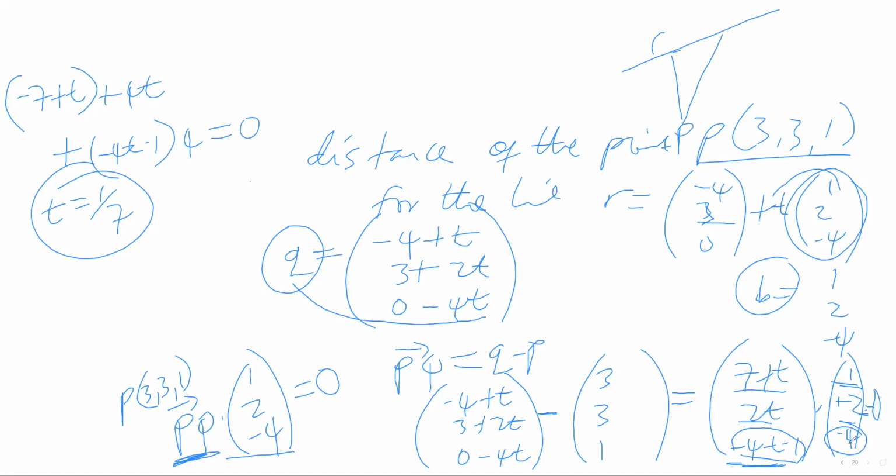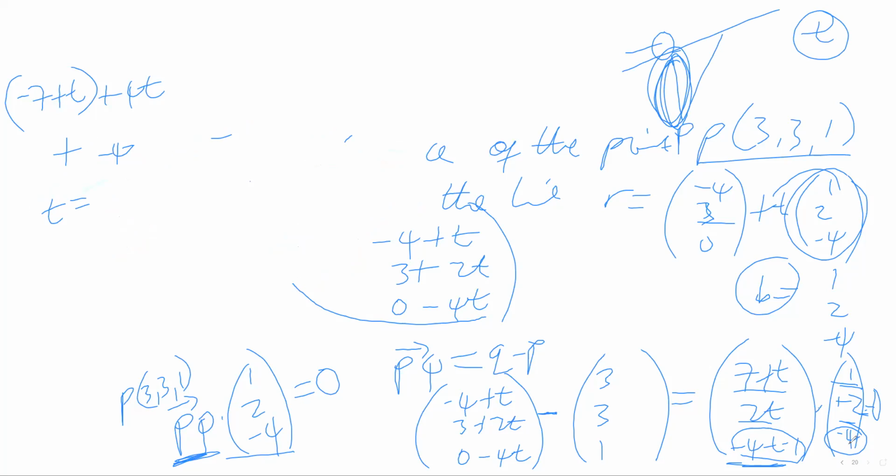This was P and Q. So the distance we are interested in finding is this. But we cannot go ahead and find that distance because we don't know T yet. So that's why we needed T. Everything we've done here is to find the T. So now that we know T, we can now go and find what we want to find.